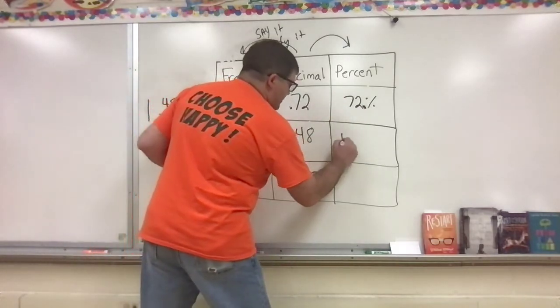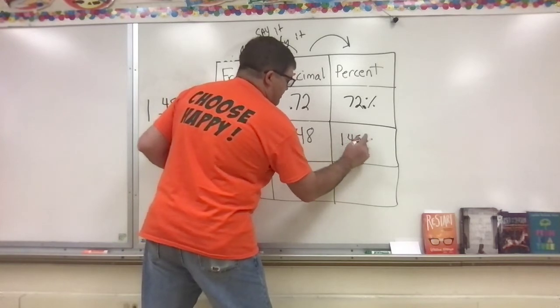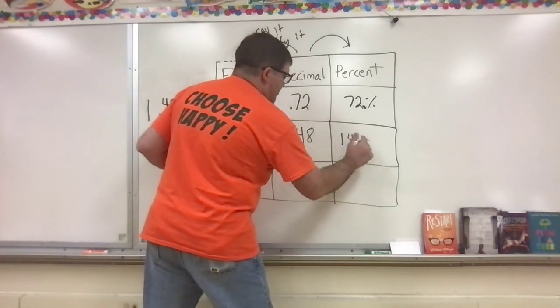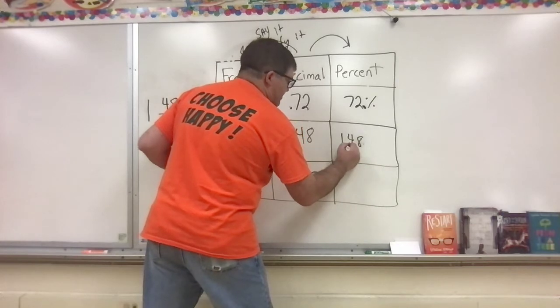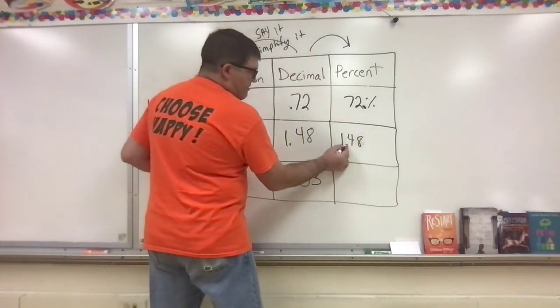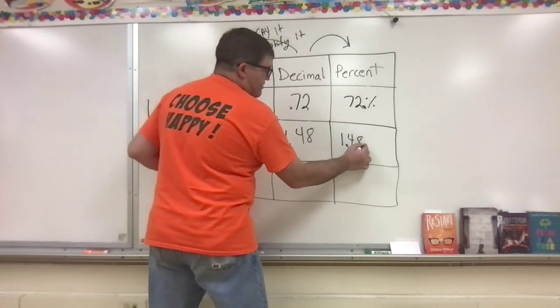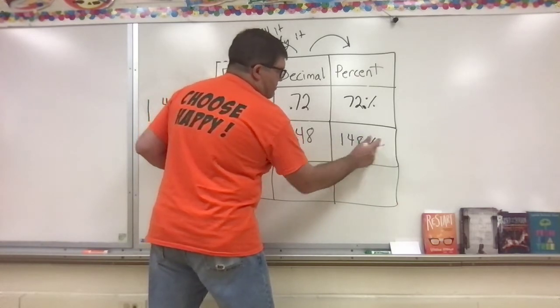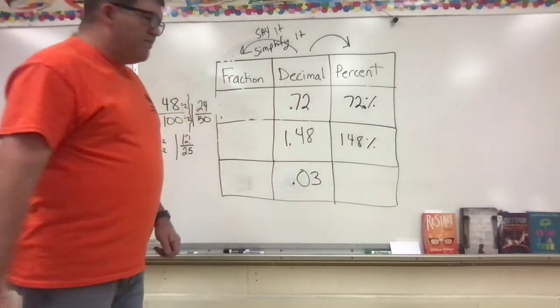Okay, this one I write 1.48. Now I'm going to take my decimal and go 2 to the right. 1, 2, right there. And then I put a percent symbol, and I get 148%.